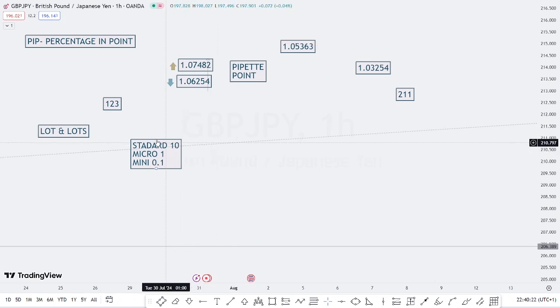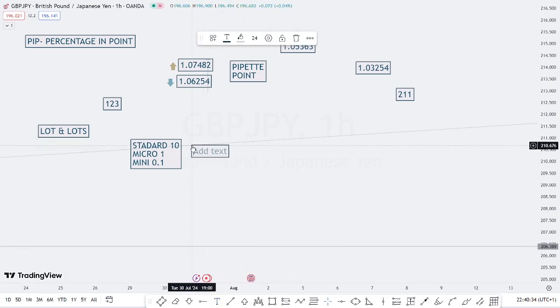This is how the thing works. One standard lot size is equal to $100,000. One micro lot size is equal to $10,000.